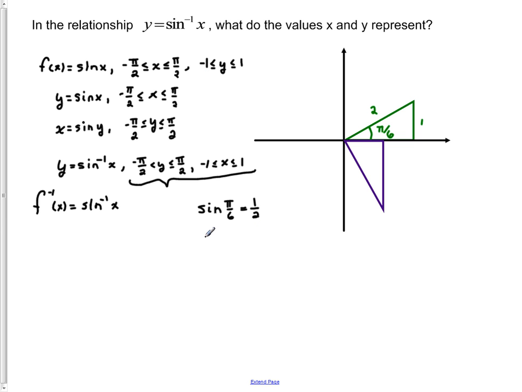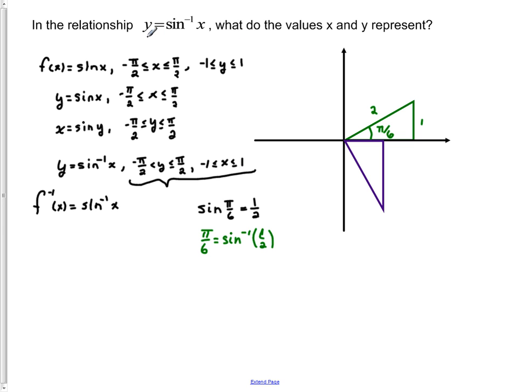So what does the inverse sine do? Well, the inverse sine reverses that relationship. It says then that the angle pi over 6 is the result of taking the inverse sine of the ratio 1/2. In other words, we're finding the angle that goes with the particular ratio when we use the inverse sine.